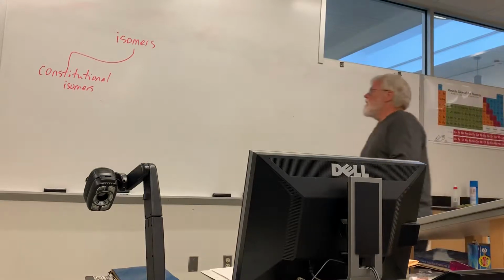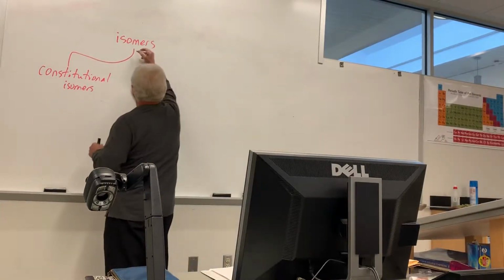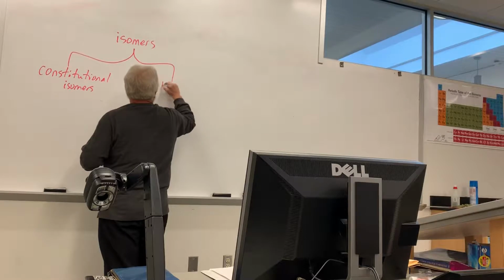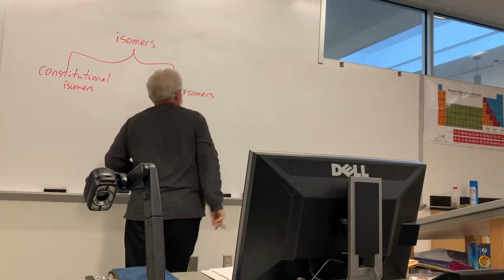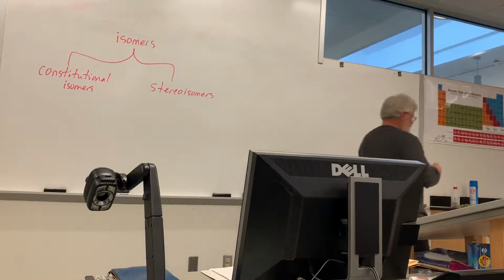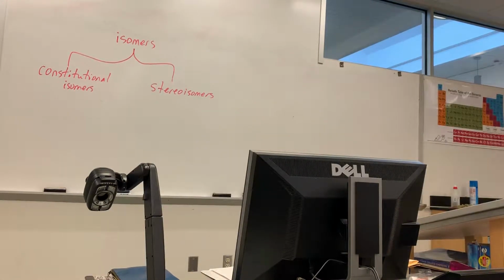The other type of isomers are collectively referred to as stereoisomers. They're isomers, so we're talking about molecules that have the same molecular formula, so the same number of each type of atom present. They're not constitutional isomers, which means they're all bonded in the same order, yet they are still somehow different.